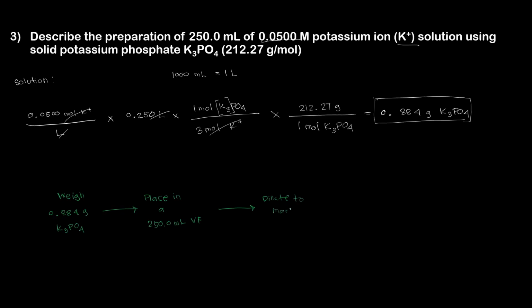After diluting to mark, you have created the 0.0500 molar potassium ion solution. So that's how you prepare an elemental ion solution concentration from hydrated salts or from a different solute.